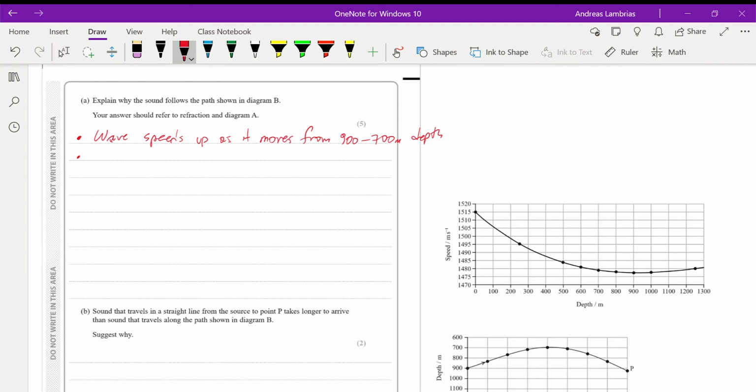All right, so then we say that no sudden change in speed, therefore no sudden change in the direction as well.